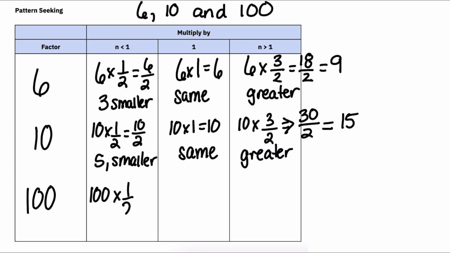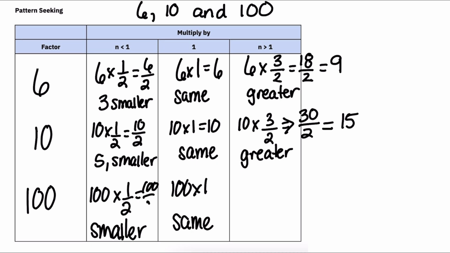So 100 times 1/2. We know this is going to be smaller because I'm going to end up with 100 divided by 2. So I think it's safe to say that anytime we multiply by a fraction, it's going to get smaller. Anytime I multiply by 1, it's going to stay the same. I'm still going to get 100.